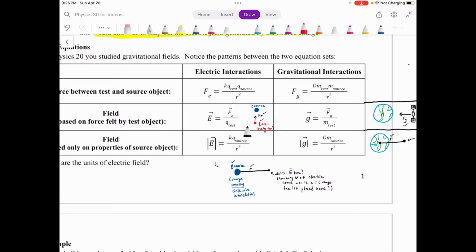Both are calculating the same thing: the electric field strength of this source charge, the electric field it generates at a given location. One does it for when you actually do have another charge there feeling a force and you know how big that force is. One does it when you don't have that, but you do know how far away you are from it and how big the charge is that's generating the source.